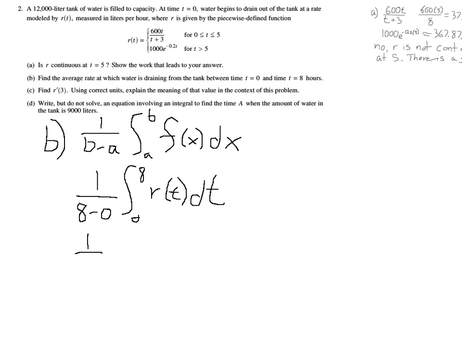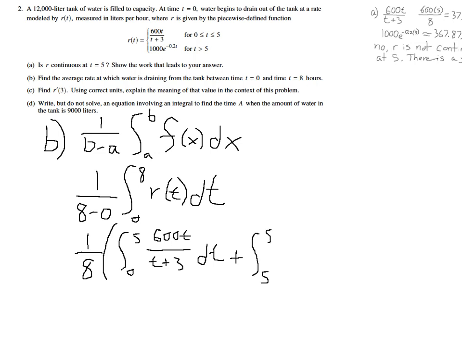So I will get 1 over 8 times, first of all, the integral from 0 to 5, the first piece, of 600t over t plus 3 dt, and then add that to the second part, which is the integral from 5 to 8 of 1,000 e to the negative 0.2t dt.